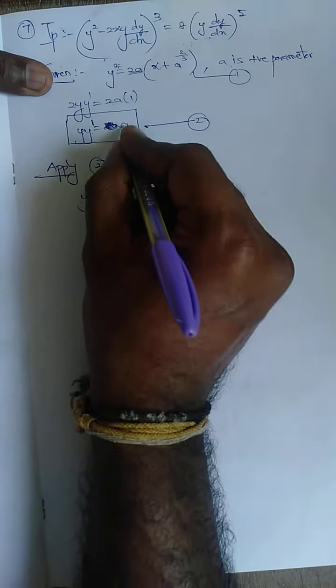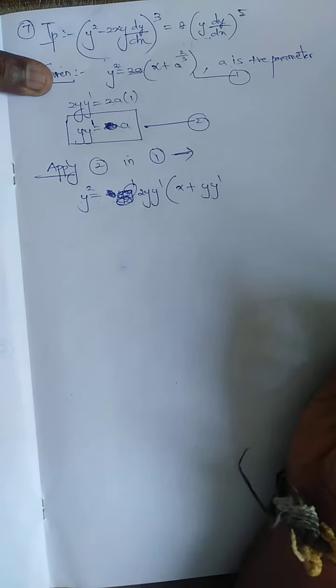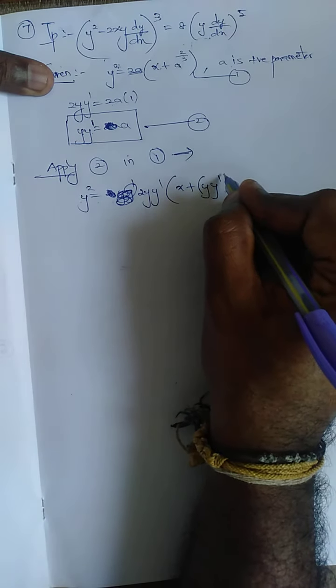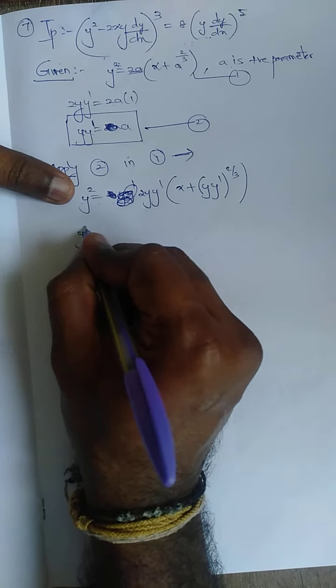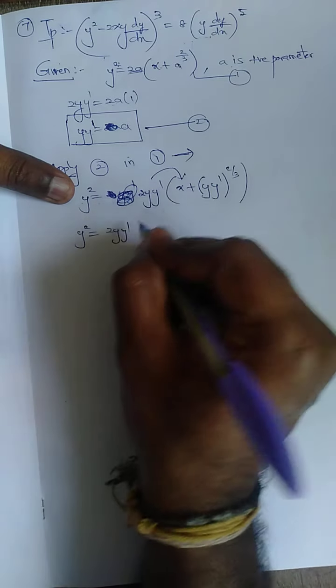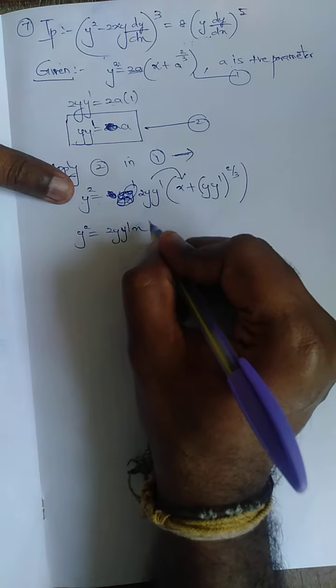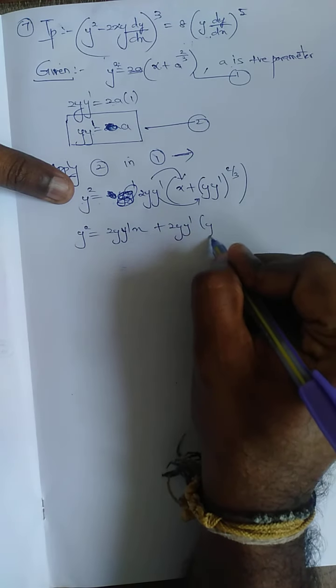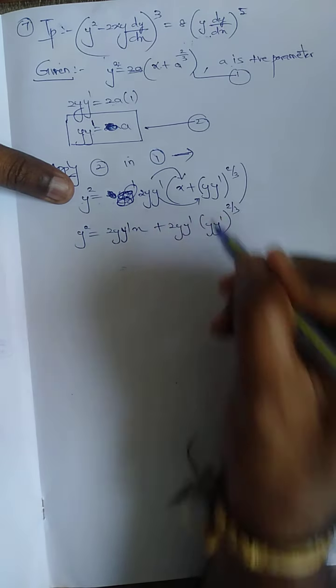What is a here? a is nothing but y dash, so 2a is nothing but 2y dash. Open the bracket, x plus a, where a is y dash, whole power of 2 by 3. Close the bracket. So y square is equal to 2y dash, multiply inside, so x comes, and multiply 2y dash with y dash whole power of 2 by 3.